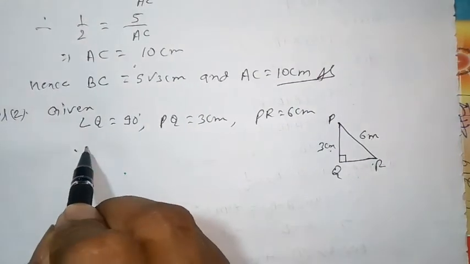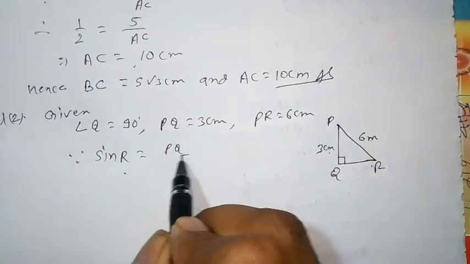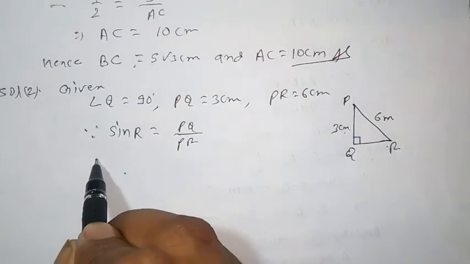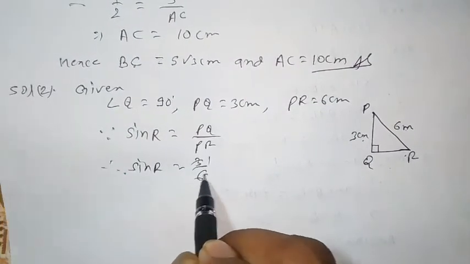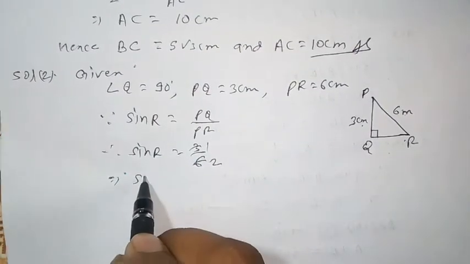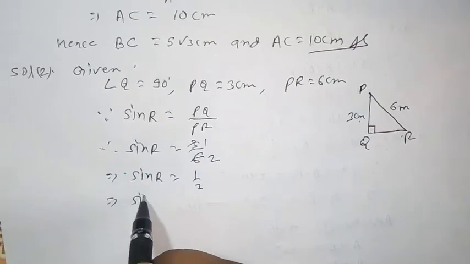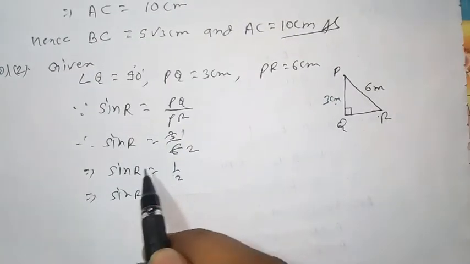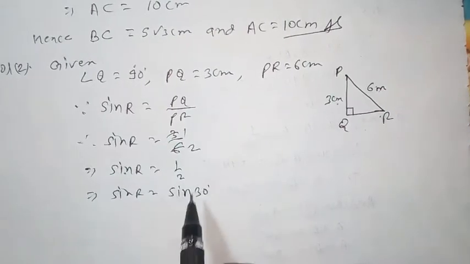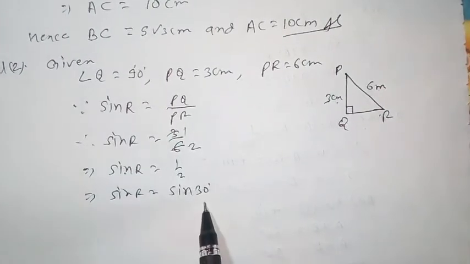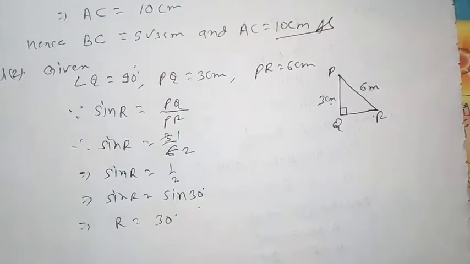Because sine R is equal to PQ by PR, therefore sine R is equal to 3 by 6, 3 ones are 3, 3 twos are 6, implies sine R is equal to 1 by 2. I know the value of sine 30 degree is equal to 1 by 2, so 1 by 2 is equal to sine 30, implies R is equal to 30 degree.